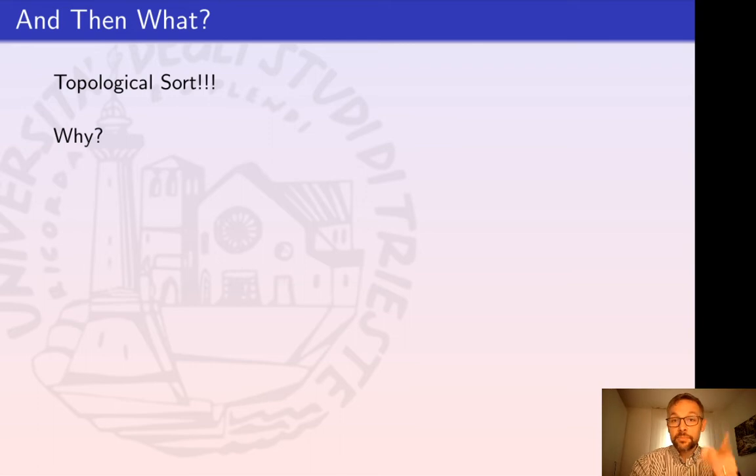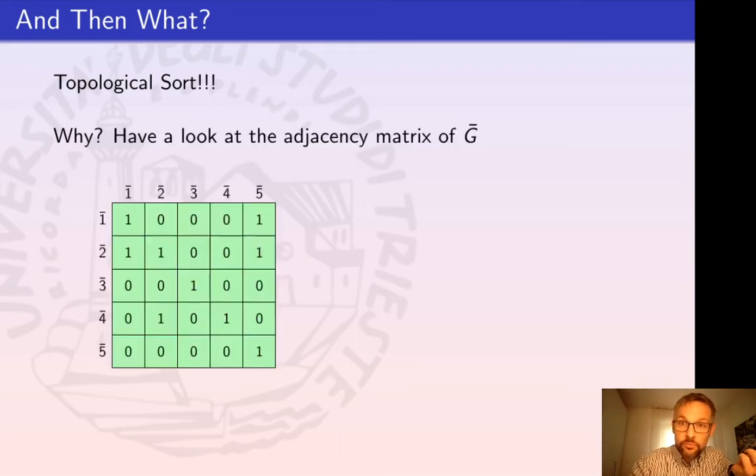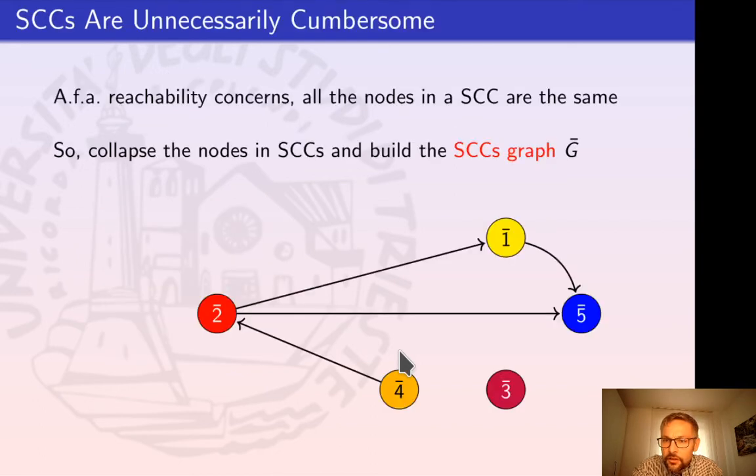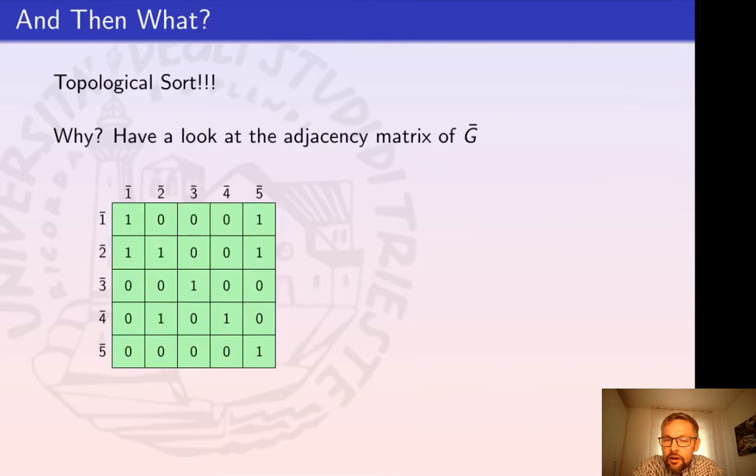Now, why is applying topological sort so important? Well, have a look at the adjacency matrix of the collapsed graph. This is the adjacency matrix of a possible collapsed graph. I don't know actually if it is the collapsed graph of this graph.